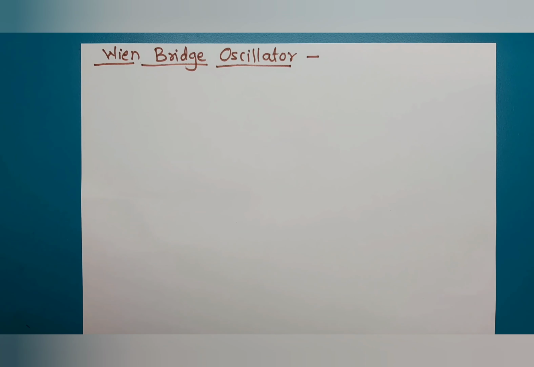As we are considering this bridge as balanced, we can simply neglect these two branches and consider only branches AD and DC for derivation of frequency of oscillations.